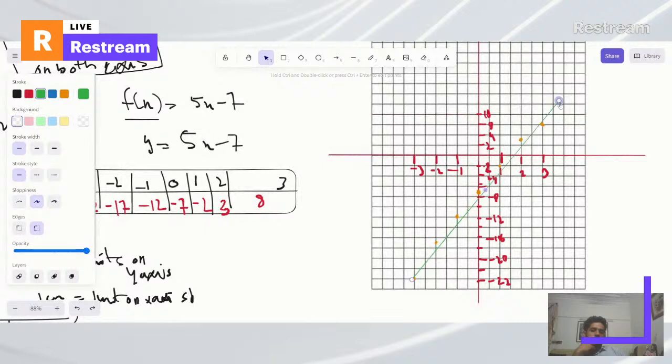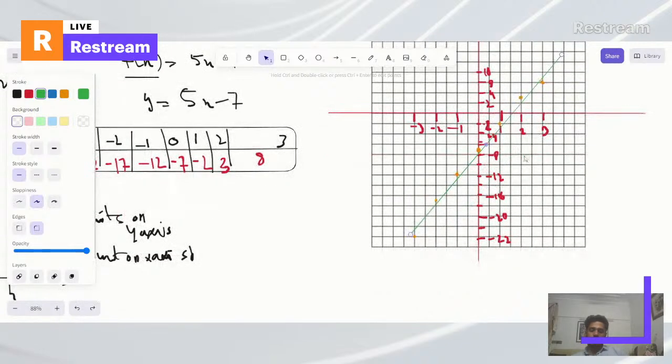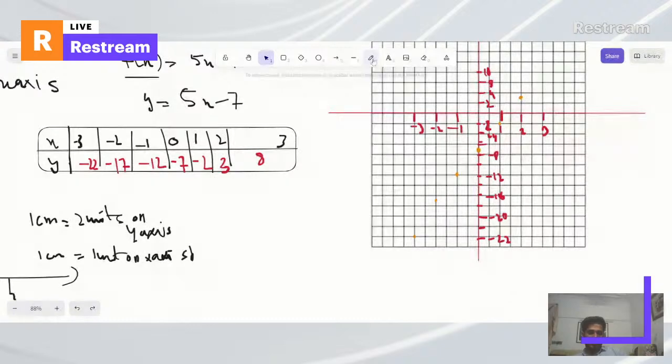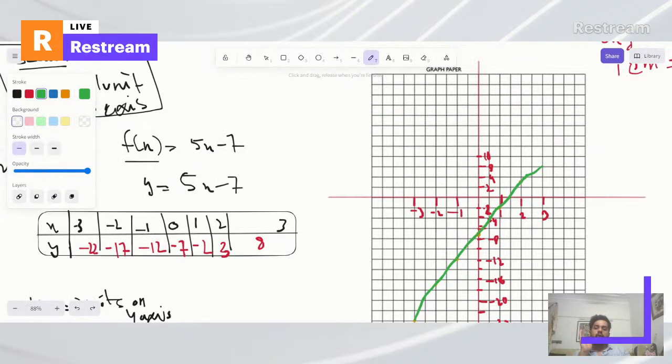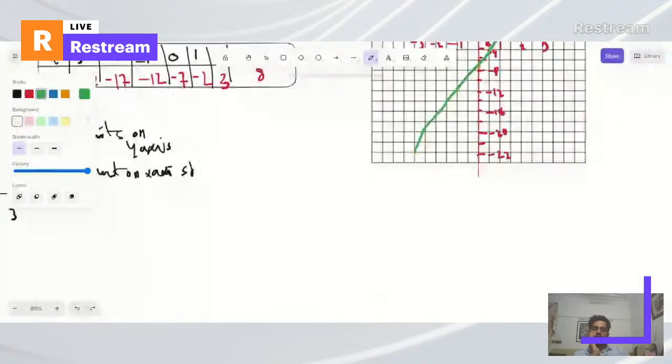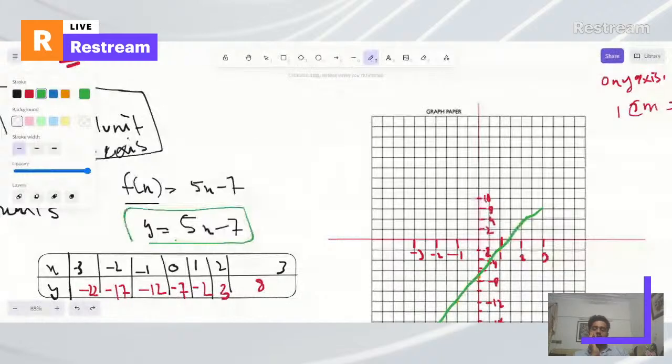I'm just going to draw this line over here because this line isn't exactly what I want it to be, so let me draw it freehand. It's going to go like this. So this is the essential gist of the line. This is a straight line, right? So this is how you plot a line, and this comes from the equation y equals 5x minus 7.